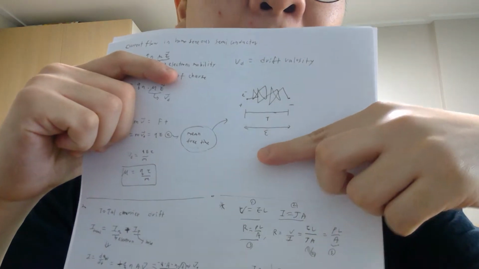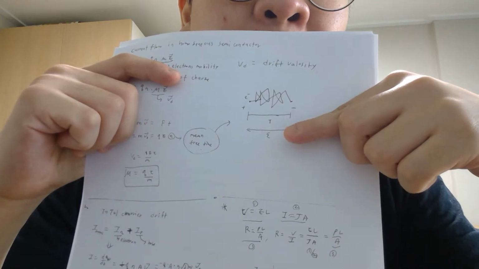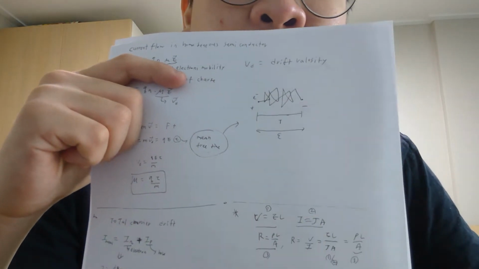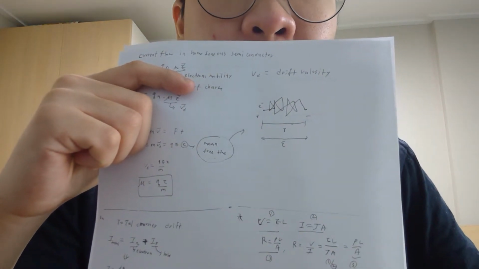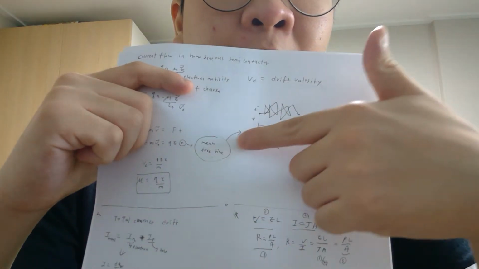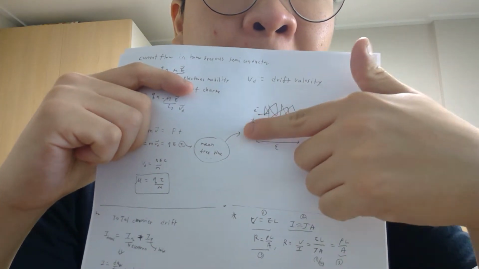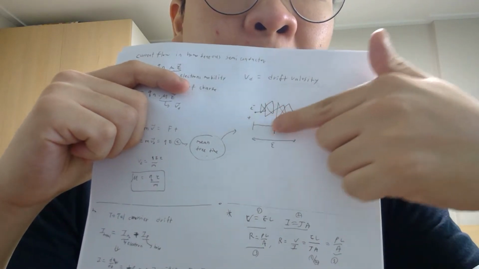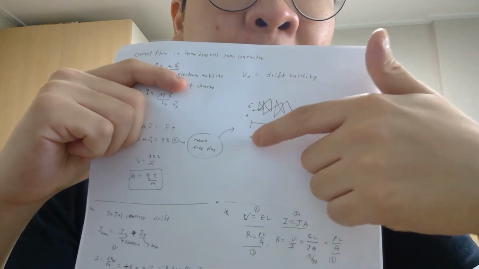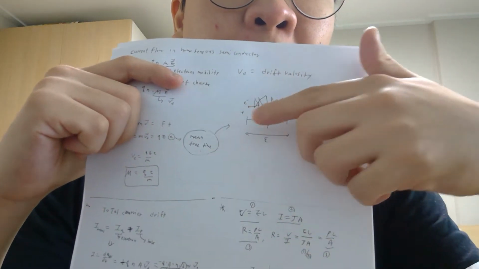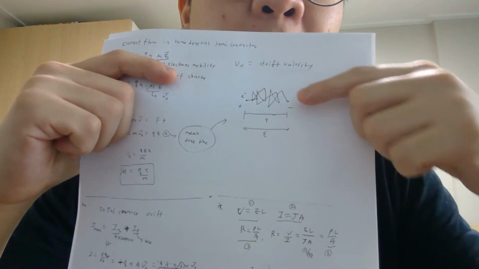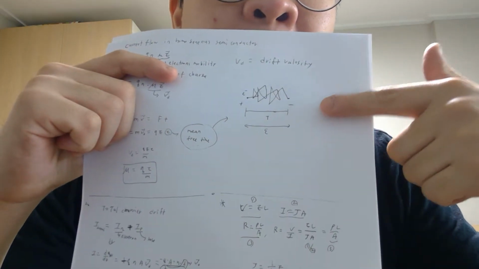But if we give an electrical potential, now electrons will have some direction. So by this Brownian motion, they will have a tendency to go plus to minus if electrons. Holes otherwise, they will move minus to plus.